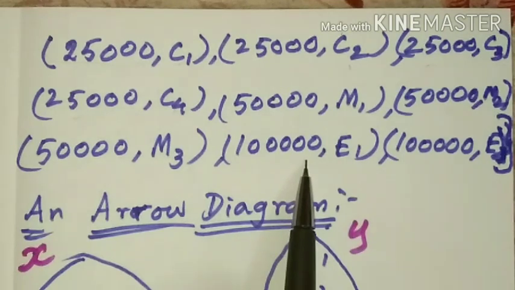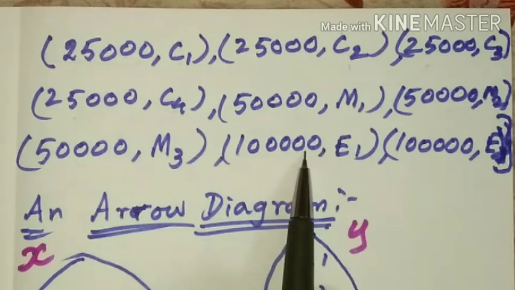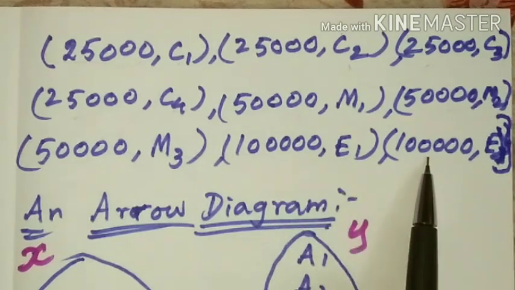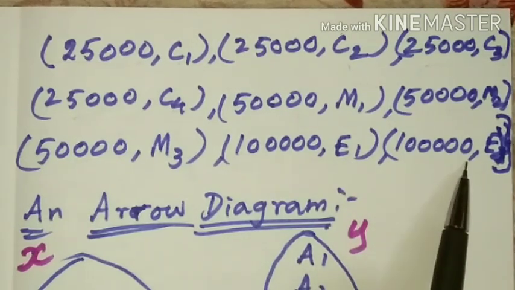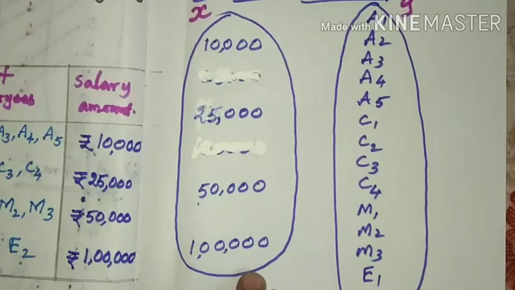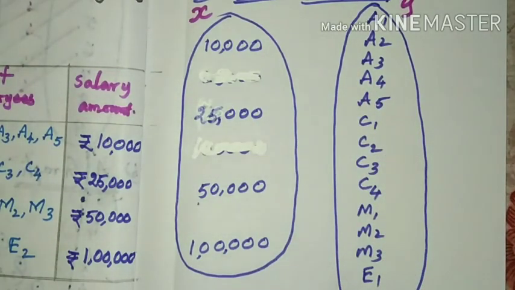Then next category executive officers, there are 2 executive officers, each person gets rupees 1 lakh. So salary amount 1 lakh comma first member of executive officer E1, 1 lakh comma second member of executive officer E2. In an arrow diagram, X is the salary amount and Y is the person.